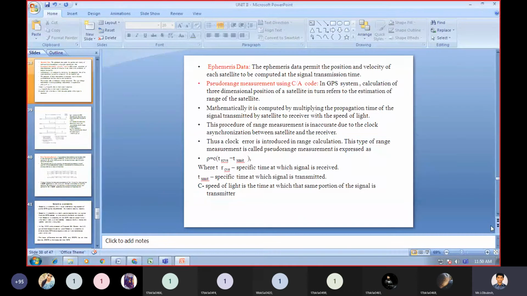Thus, a clock error is introduced in the range calculation. This type of range measurement is called pseudo range measurement.